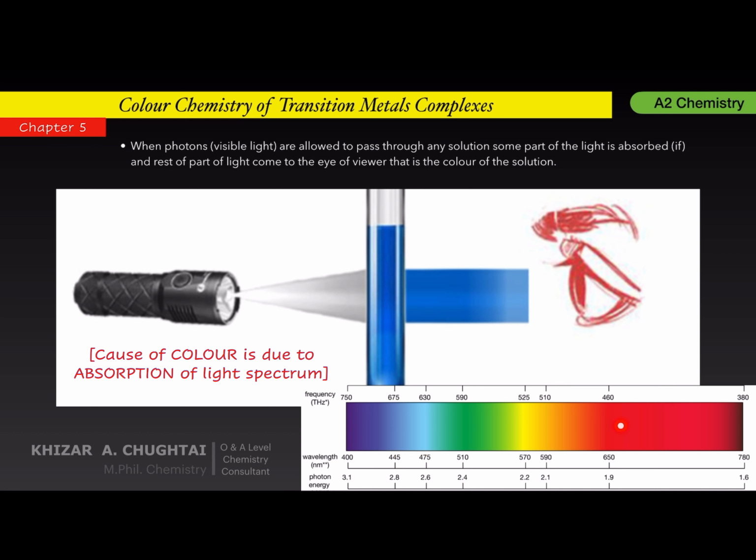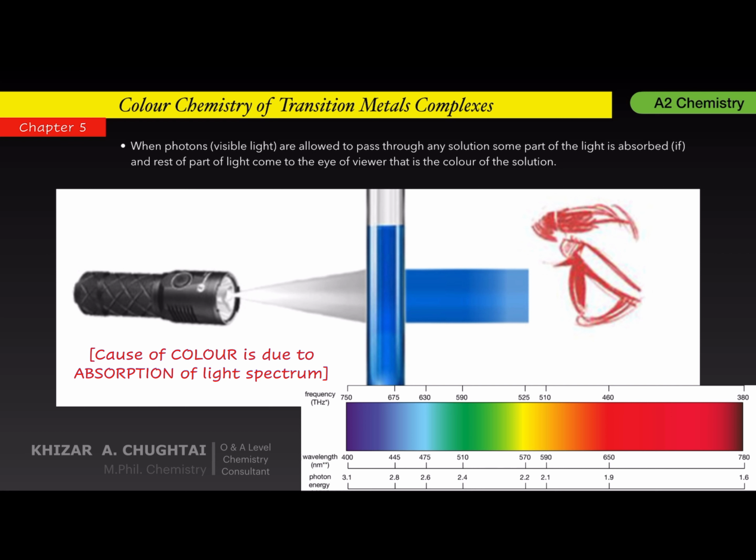The rest of the portion is being absorbed by this compound. The second possible explanation is that it's absorbing some portion of the red color spectrum, and the rest of the colors mix together to make a new color, which is blue. So there are two basic possible reasons for the color of transition metal complexes.